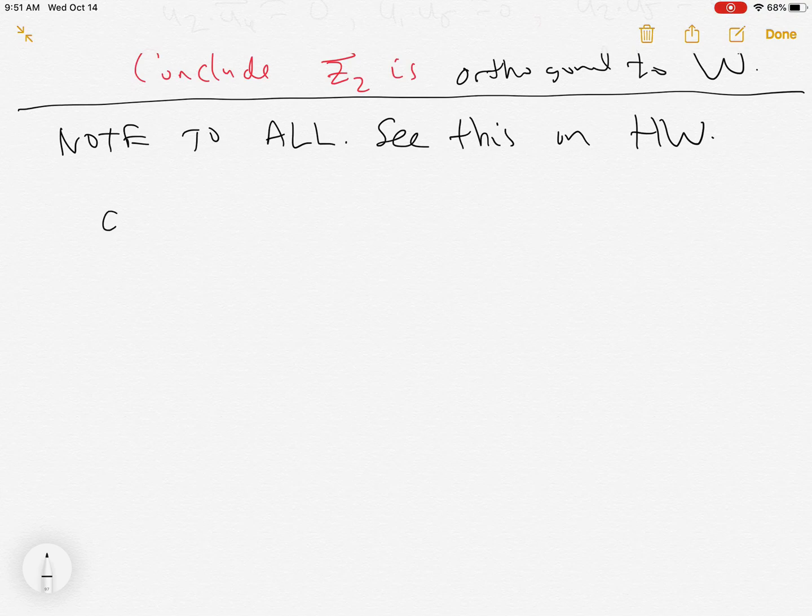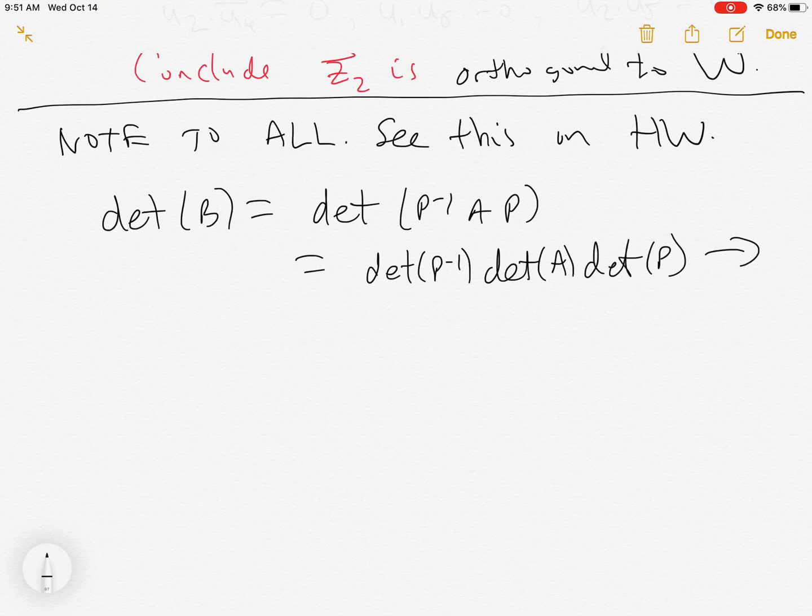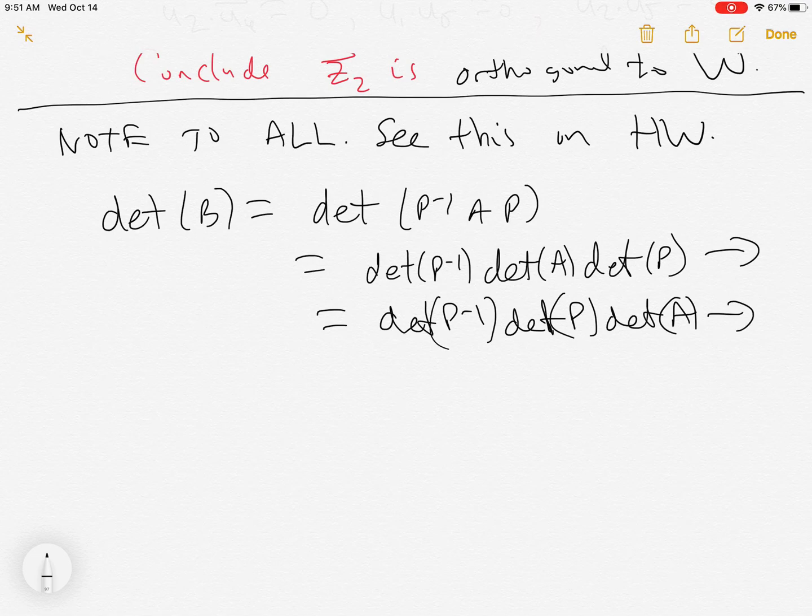Because, for example, if you say the determinant of B equals the determinant of P inverse AP, which is equal to det P inverse det A det P, and you don't put any justification here, I don't buy it. And then if you go switching these around with no explanation, I definitely don't buy that, because now you're telling me that multiplication of matrices is commutative, and it's not.